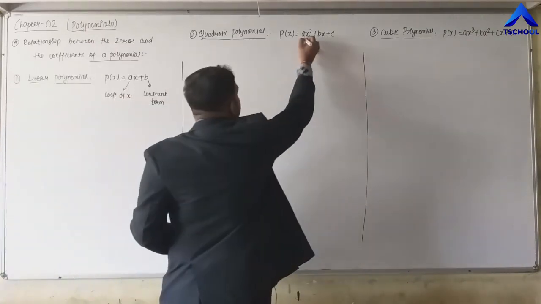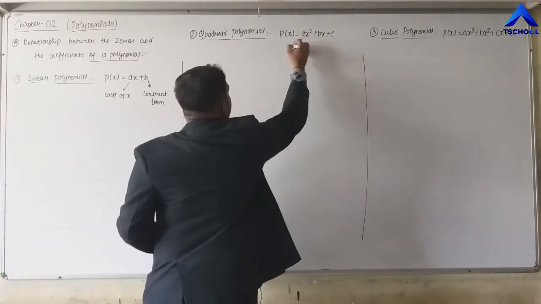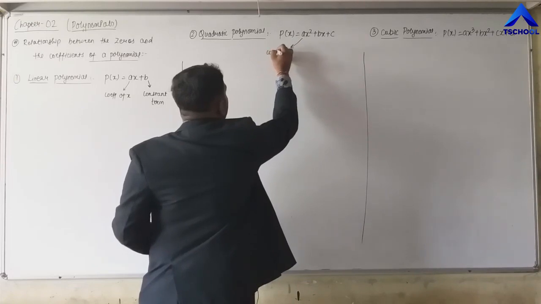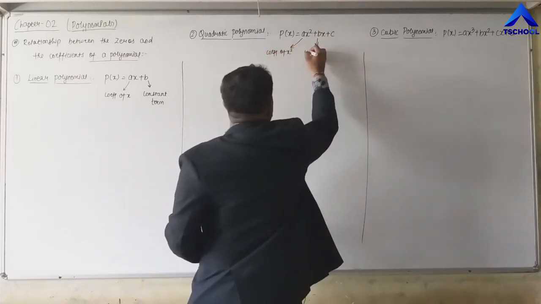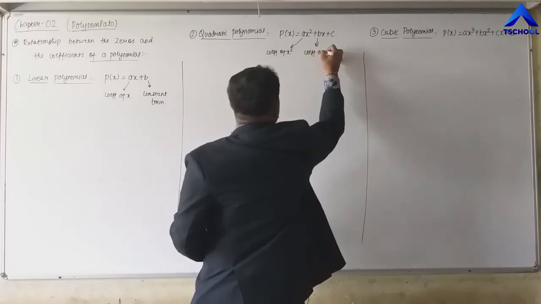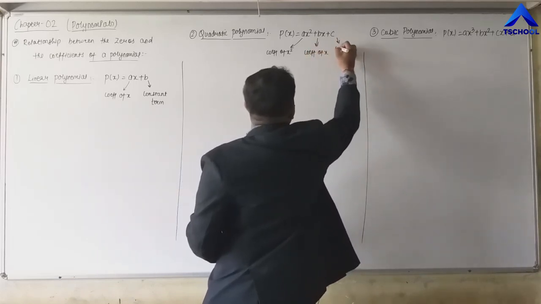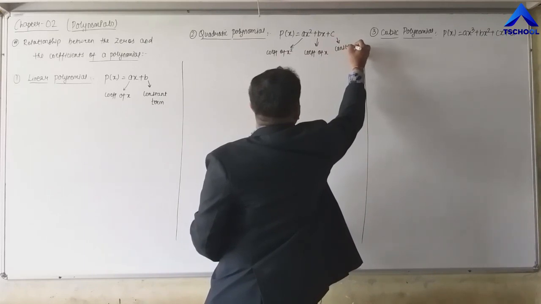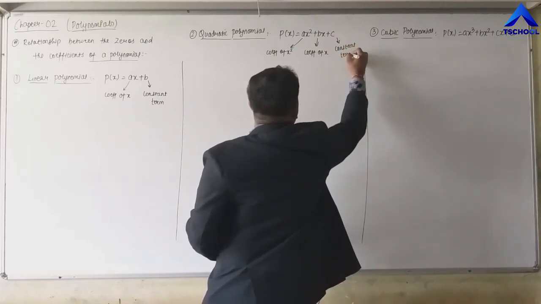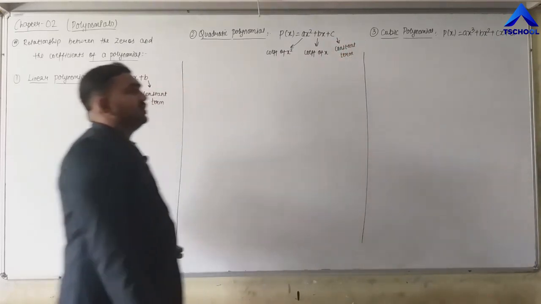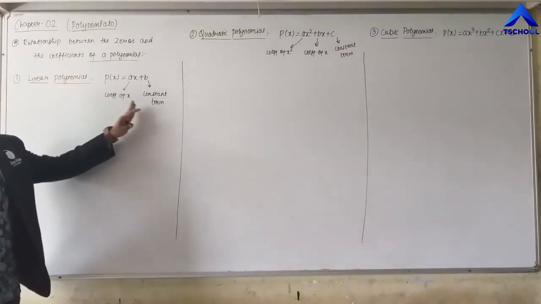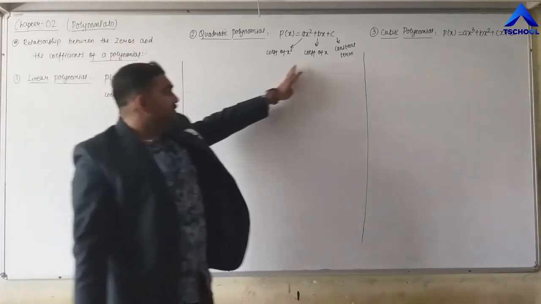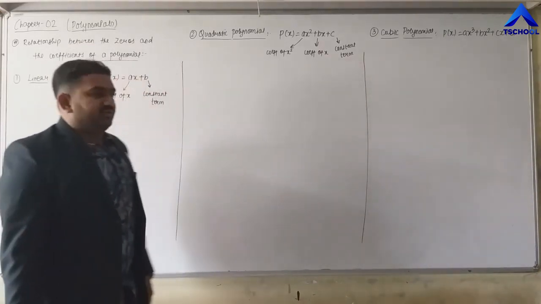Similarly here you can see that a is the coefficient of x square, b is the coefficient of x, and c is the constant term. Likewise for the cubic polynomial, right? That is coefficient of x cubed, coefficient of x square, coefficient of x, and the constant.